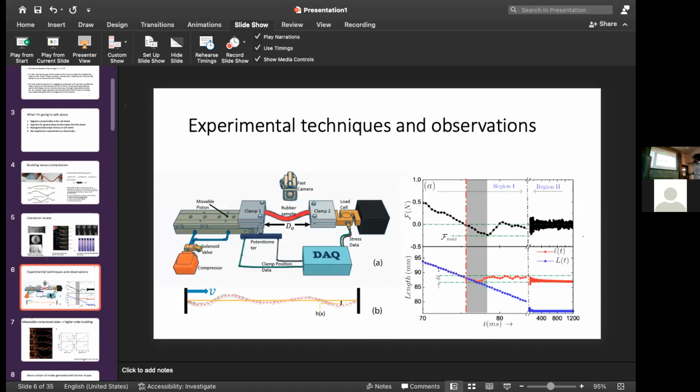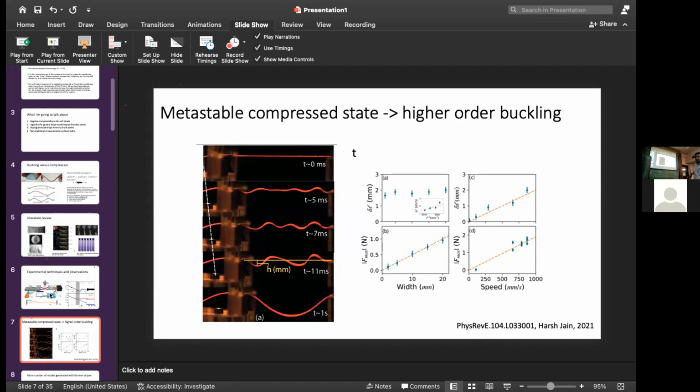Initially the system is getting compressed, but then it will start buckling. As soon as it starts buckling, there will be an increase in length at this step. When it is flat, it can be compressed, but all that compression energy goes into these fluctuations. And as soon as these fluctuations start, my length will suddenly jump and increase.